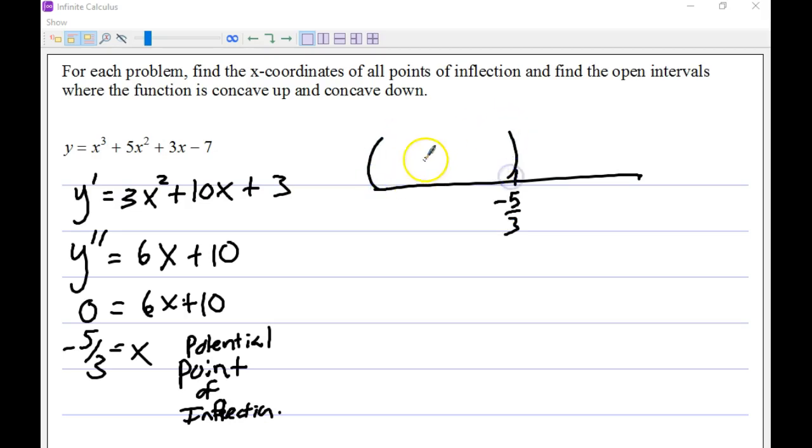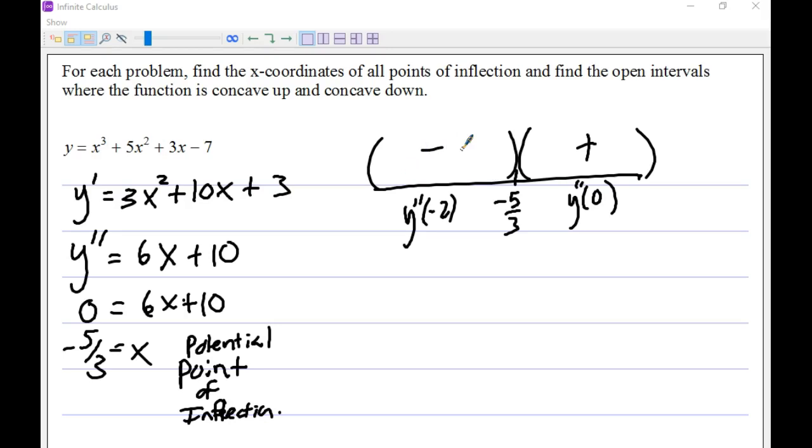So I might pick -2 over here, and over here I might pick 0. I think 0 is a really good one to go with. It's nice and simple. So if I plug in 0, what am I going to plug it into? The second derivative. If I plug 0 into my second derivative, I get a positive, and if I plug in -2, I get a negative. So is that a point of inflection?